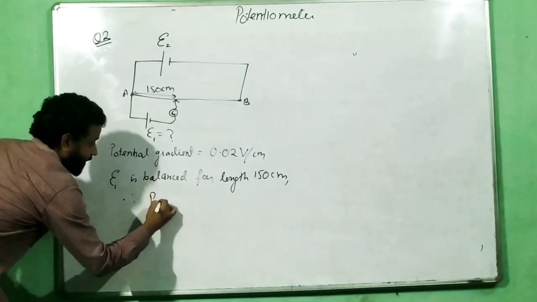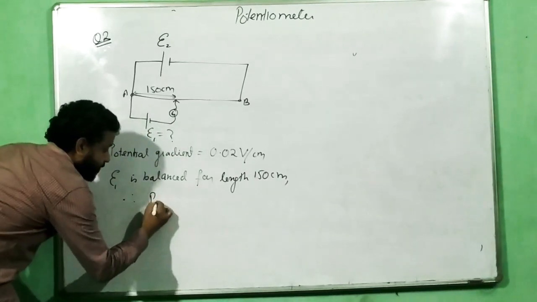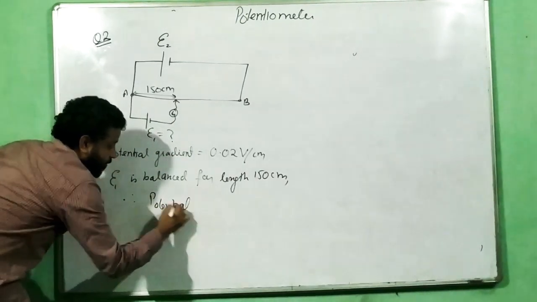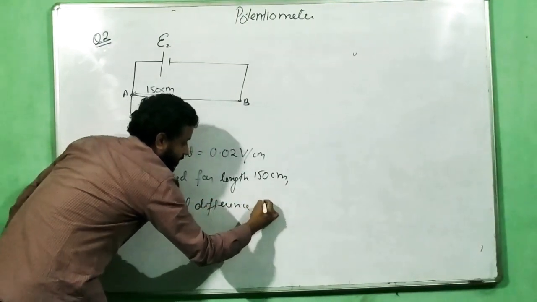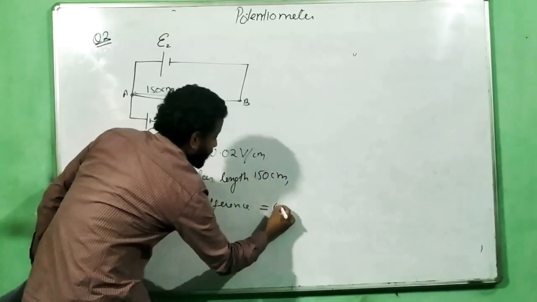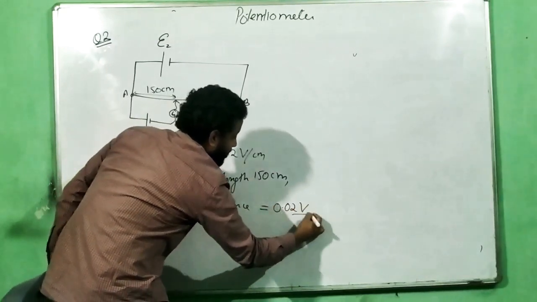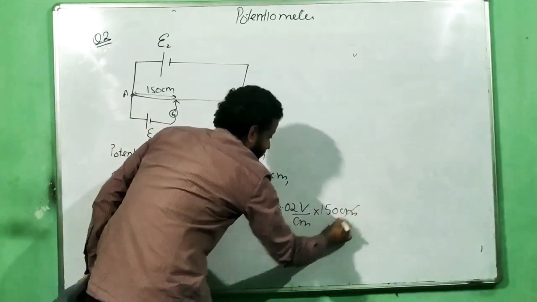Therefore, potential difference is equal to 0.02 volt per centimeter multiplied by 150 centimeter.